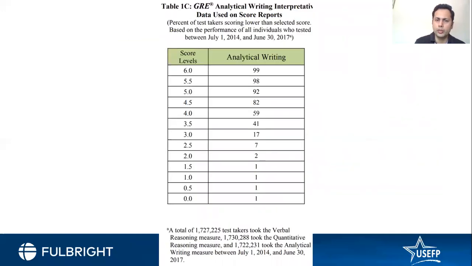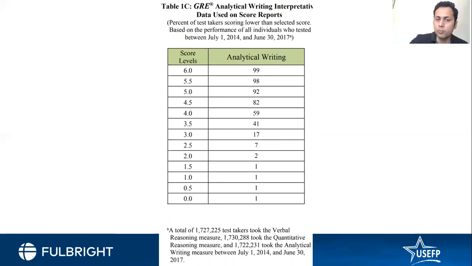Next, I would also like to mention the analytical writing score line. If you look at a score of 3, it is next to 17%. So if you score a 3 in GRE analytical writing, you are better than 17% of people. And if you score a 3.5, you're better than 41% of people.